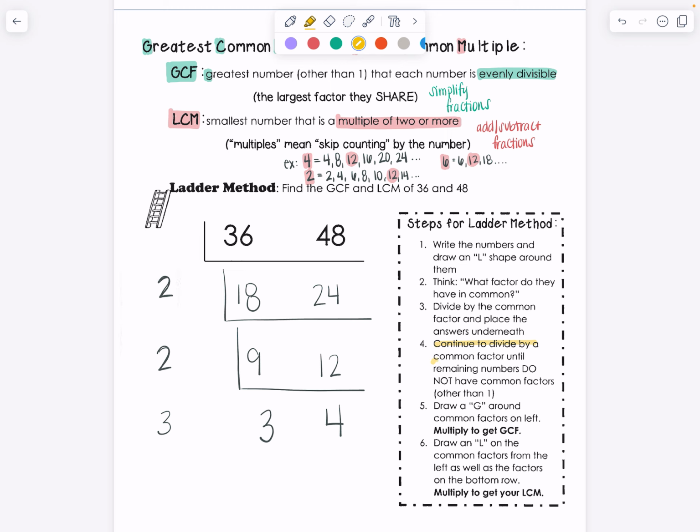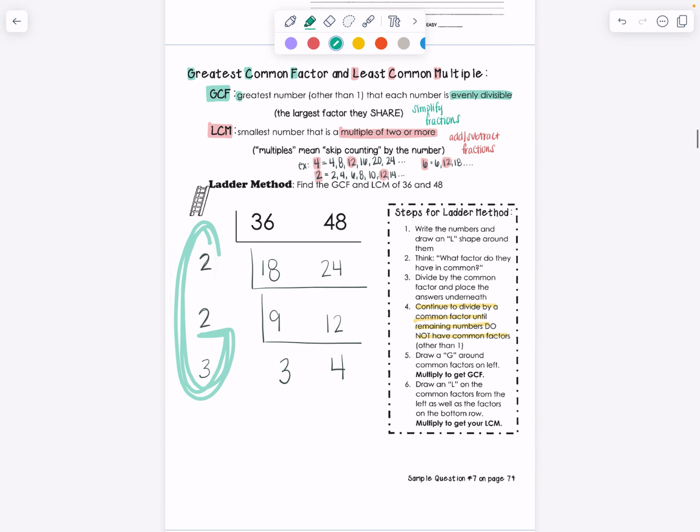Continue to divide by a common factor until they do not have any factors in common, other than a 1, of course. 3 and 4 do not divide anything else. 3 is actually prime, so I'm done anyway. Now to find the GCF, it's going to be the numbers down the side.